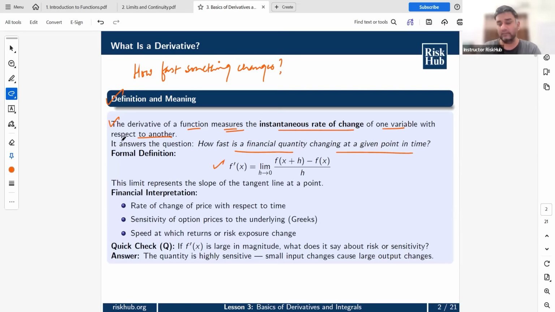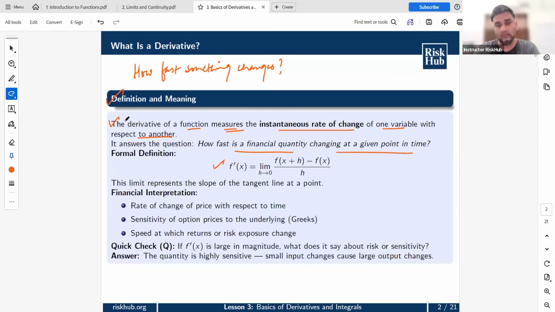The common definition: f'(x) = limit as h tends to 0 of (f(x+h) - f(x)) / h. The numerator is the change in the function. The denominator is the change in the input. Then we take the ratio, and this is the rate of change.